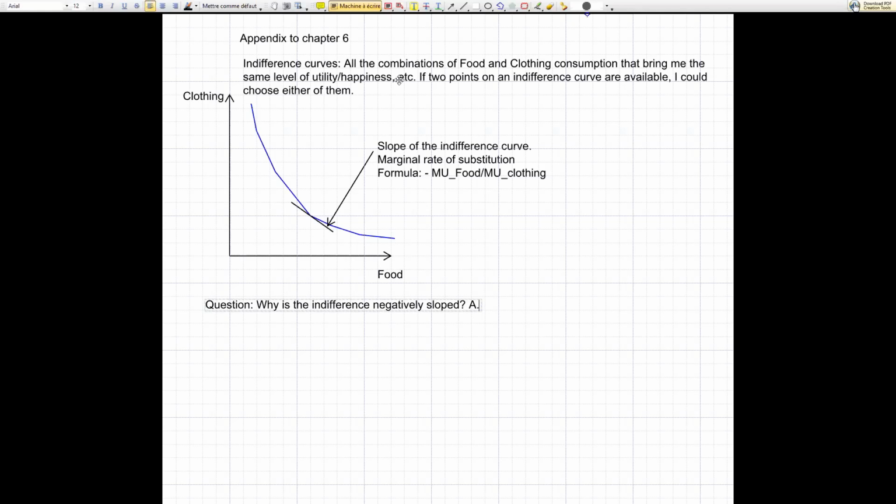So why is an indifference curve this way and not this way, for instance? Why am I not indifferent between this and that, and why is it a negative slope here?